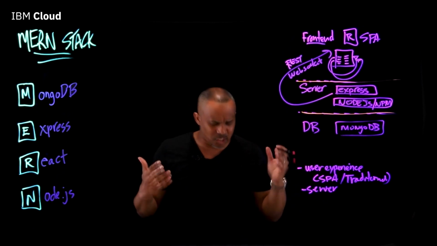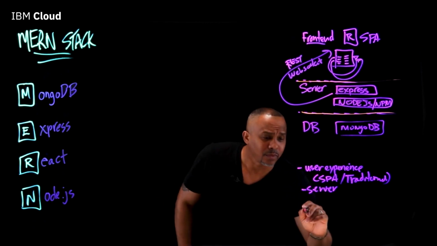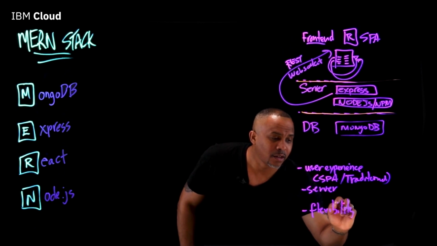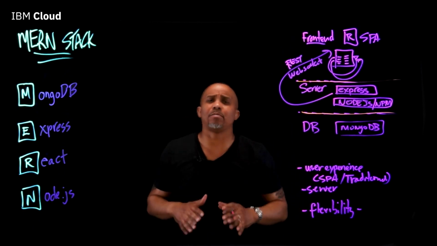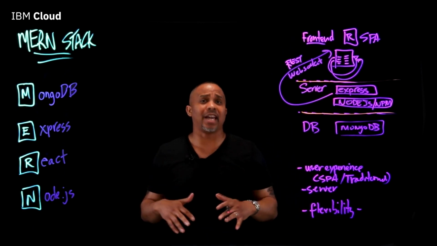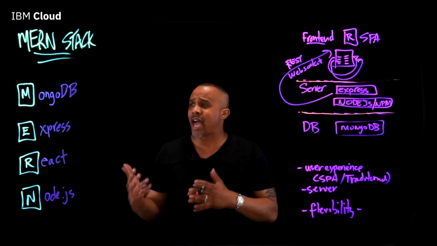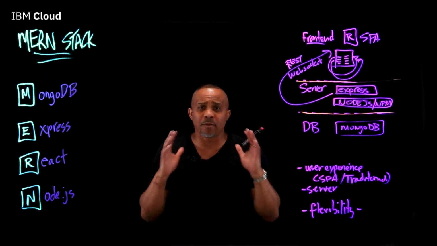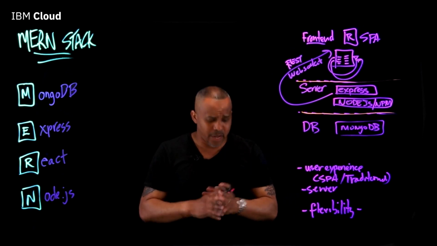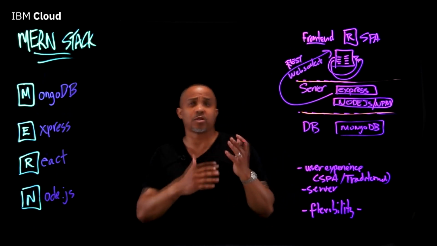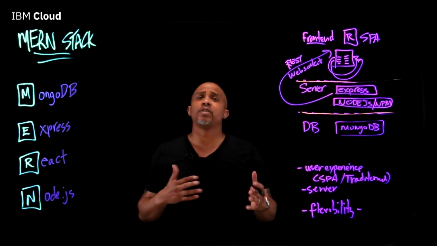And at the end of the day, it's really about the flexibility. Let's not forget the overall goal here is to be as efficient and to move as quickly as possible to build our MVPs. And that's why these stacks are important, because they already provide these things that work together. With that, I have the separation of the front end from the server side, so it allows me to move at different speeds.